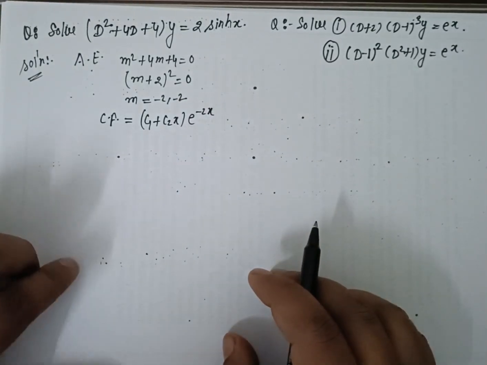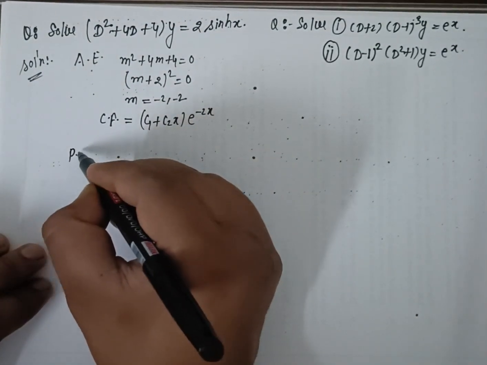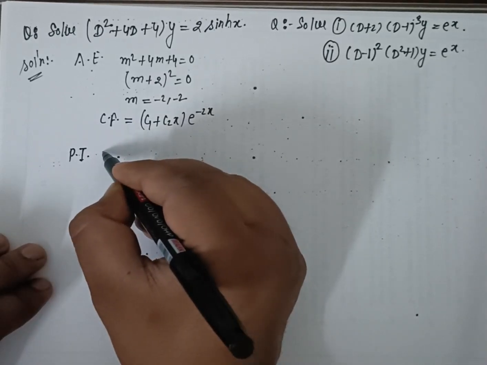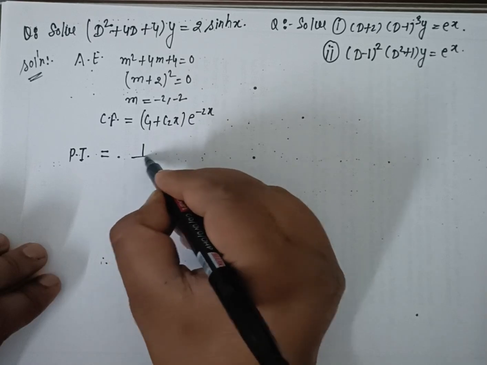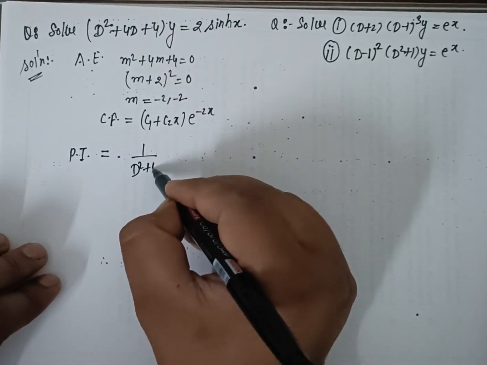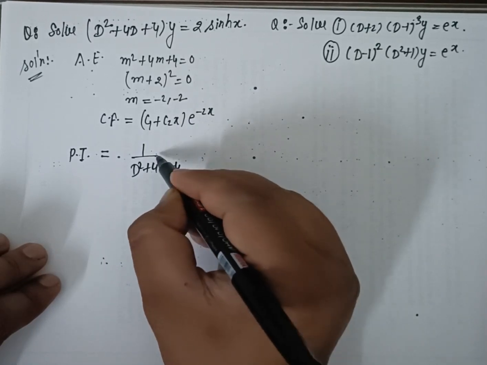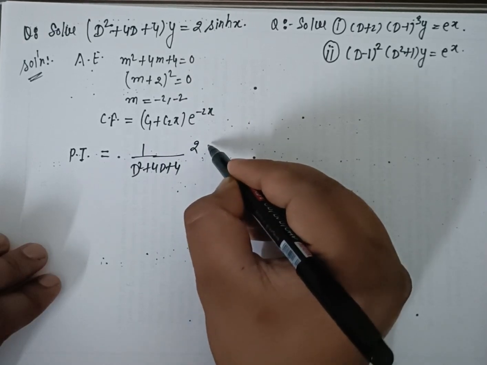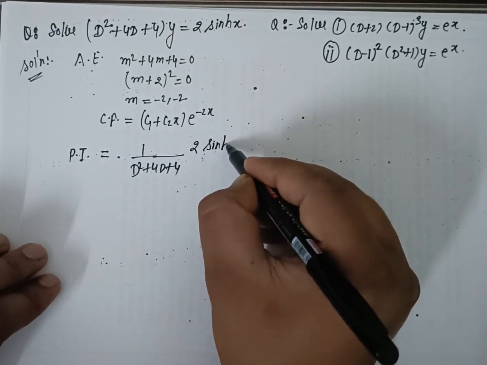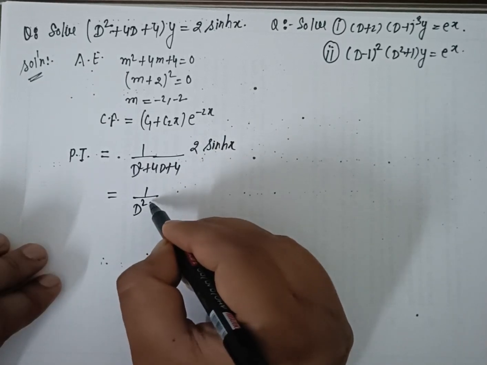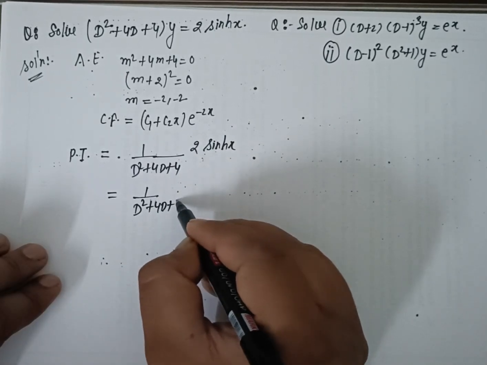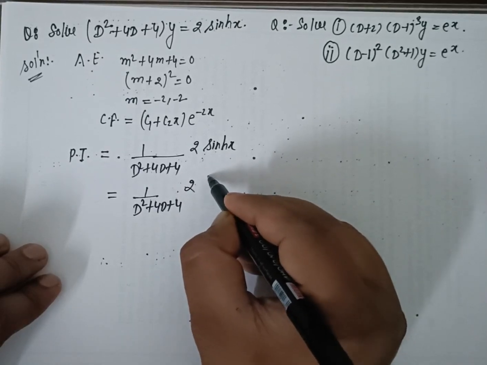Now for the particular integral, we write it as 1 upon (D square plus 4D plus 4) times 2 sine hyperbolic x.